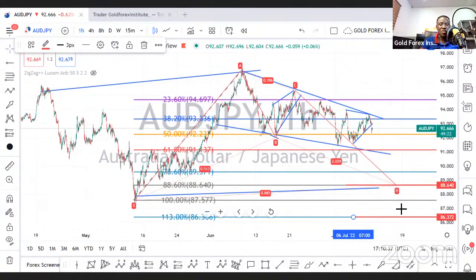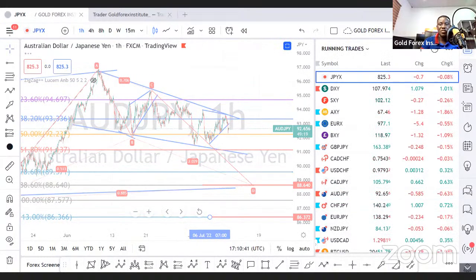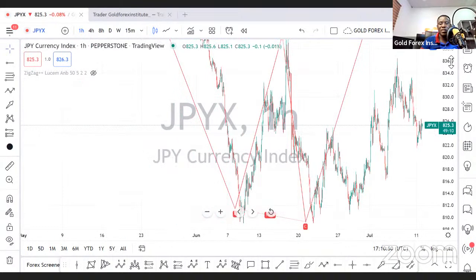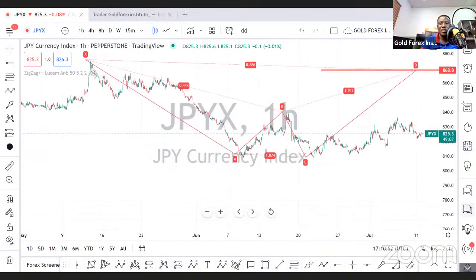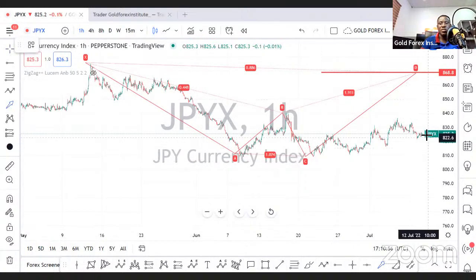Now, if we see yen being weak around this price, then we can get out. But if it's still strong, because I am expecting yen to be strong, I think I drew the yen index here, you see. So I'm expecting it to move all the way to this level.